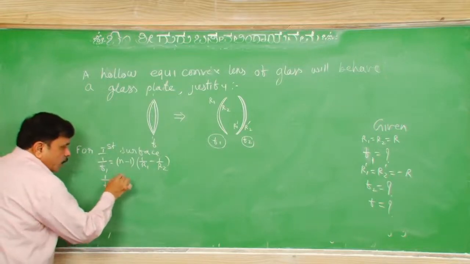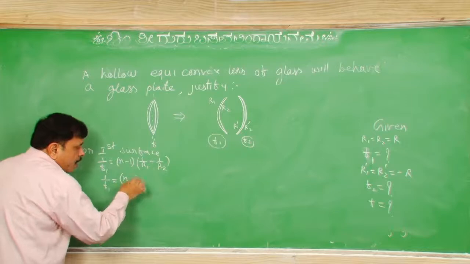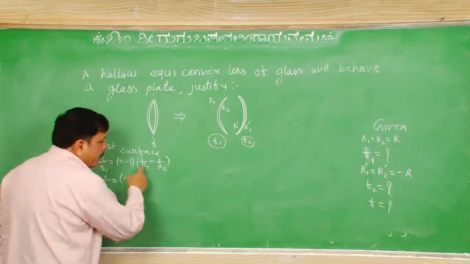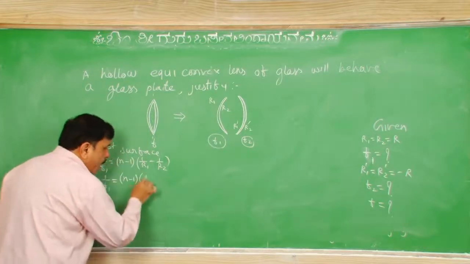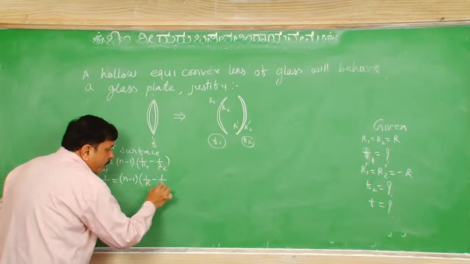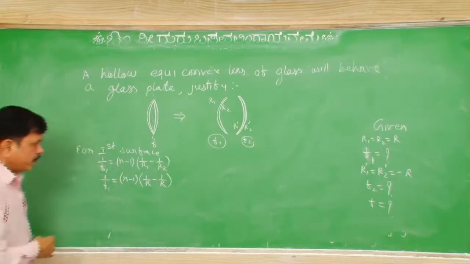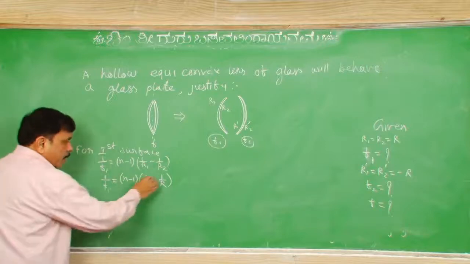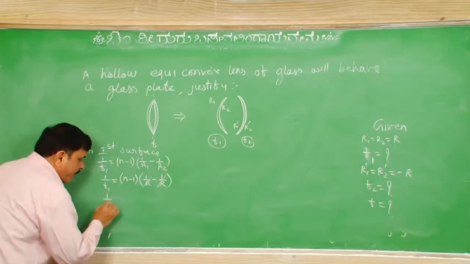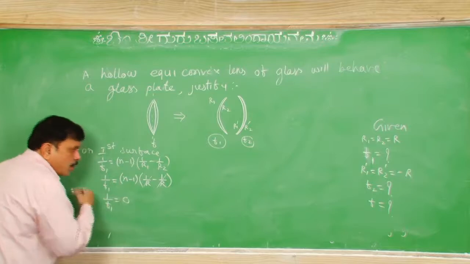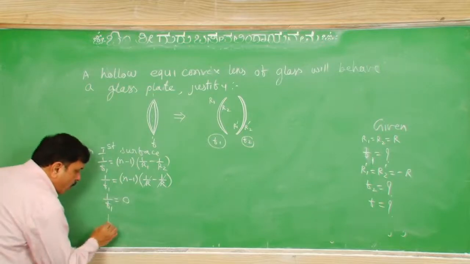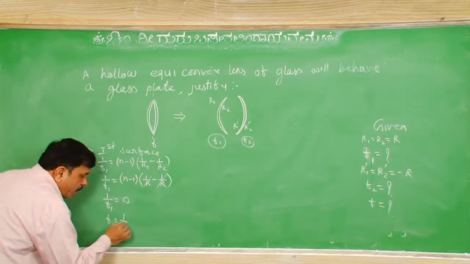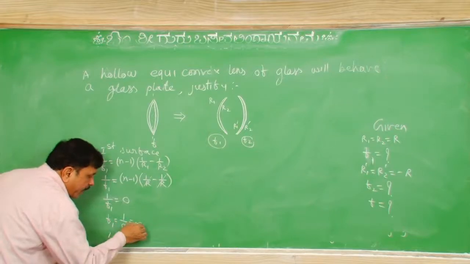This will not change, n minus 1 will remain the same, R1 is R and R2 is also positive R. So what happens? These two cancel. We get 1 by F1 equal to 0. So F1 we get as 1 by 0, that is, infinity.